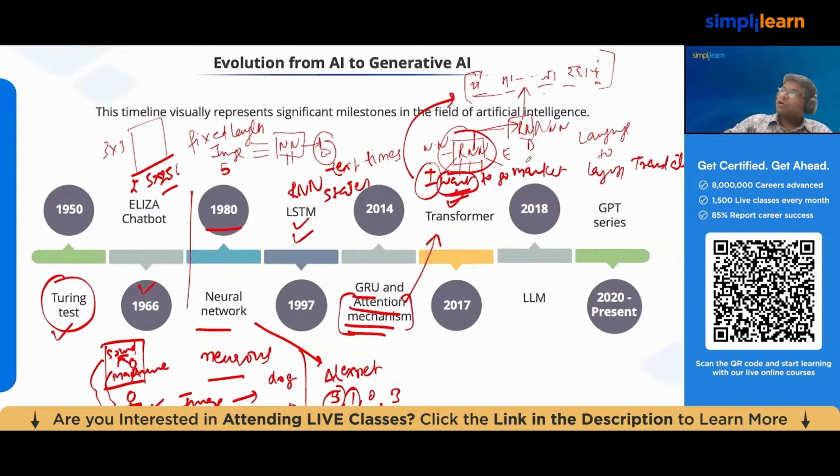Let's say, is 'want' important or is 'market' important, which would have the higher weighting. This problem was solved with the help of your attention mechanism, where every word is assigned some kind of weight.